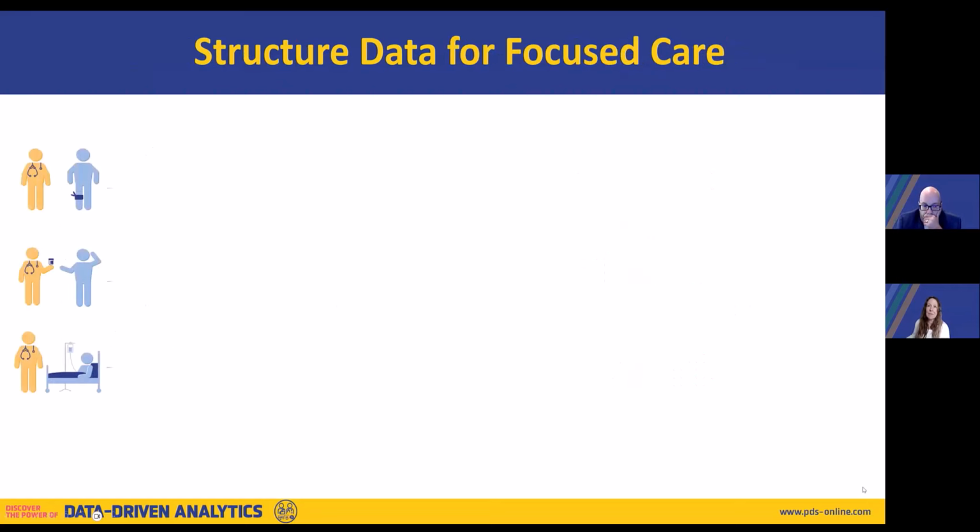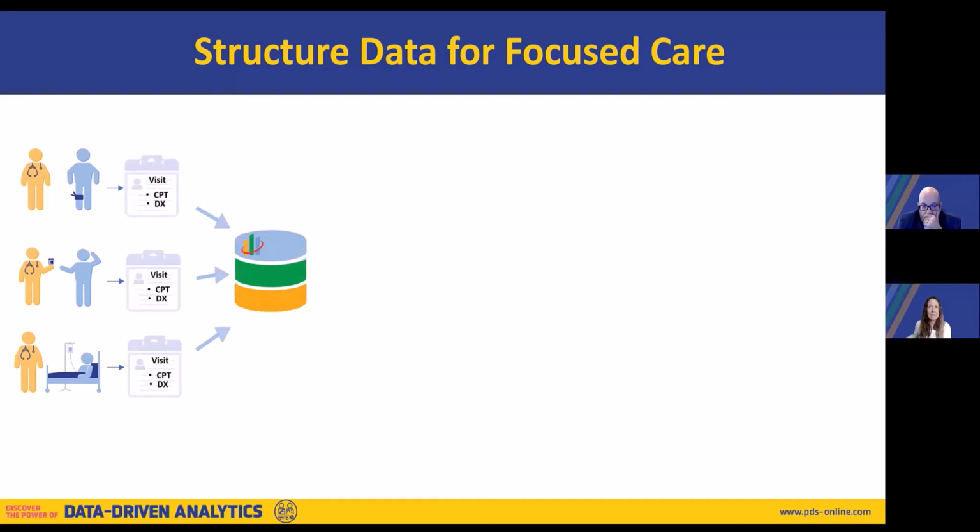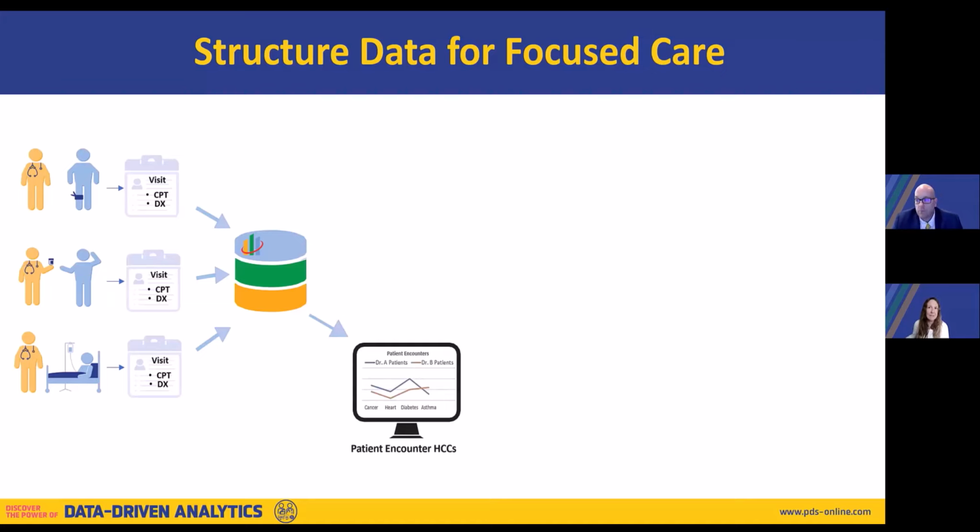Yes, Scott. So we're going to get to this data. We know that our patients come in to see a provider, and we enter the CPT or procedures that they have, as well as the diagnoses information related to the patient or the visit. And then we can leverage the diagnoses codes along with the CMS HCC designation to create an HCC list for those patients.